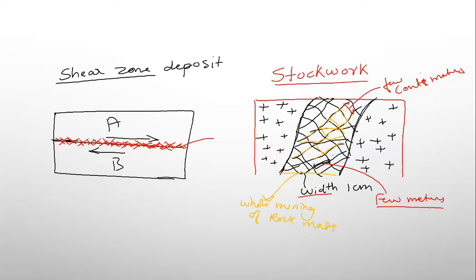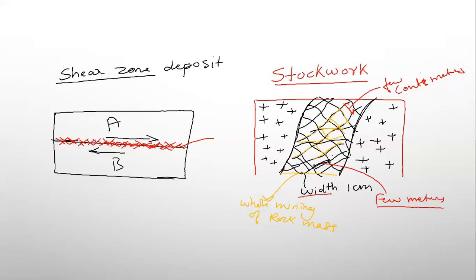The closely spaced cracks have a huge amount of valuable minerals. Because of this, the whole mass is extracted. And I told you, hydrothermal solution will enter into these cracks and deposit, and it will form valuable deposits of ore.